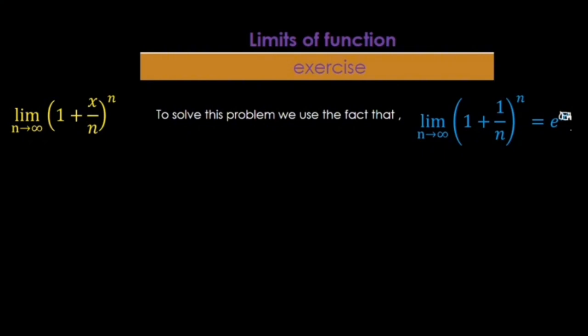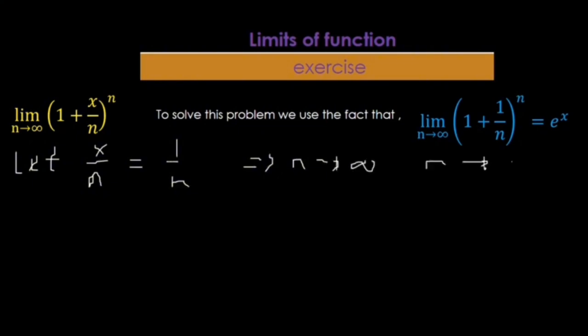Okay, therefore let's solve this one. Let n all over x, or the inverse of that. Let x all over n equal 1 all over m, which implies as n tends to infinity, m tends to infinity. And we have to know that x is not a variable in this case.